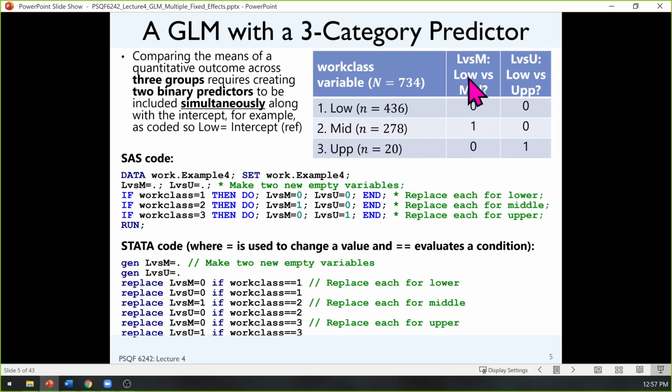Then in the first column, which I've named L versus M, I give the middle group a 1 to distinguish them from the other groups. The upper group, which is irrelevant at this point, still stays with a 0. And then in the second column, L versus U, the upper group is distinguished with a 1. We have to have both of these new columns in as predictors simultaneously.